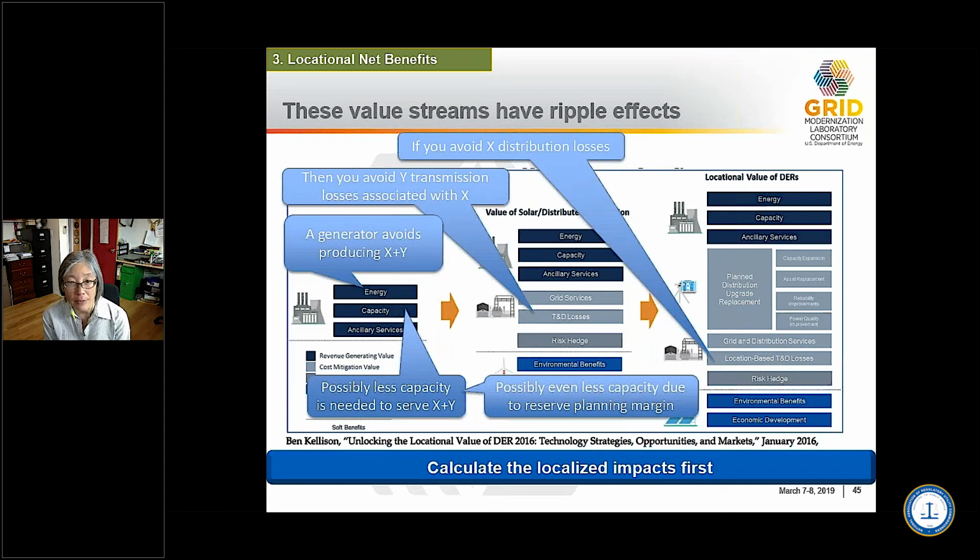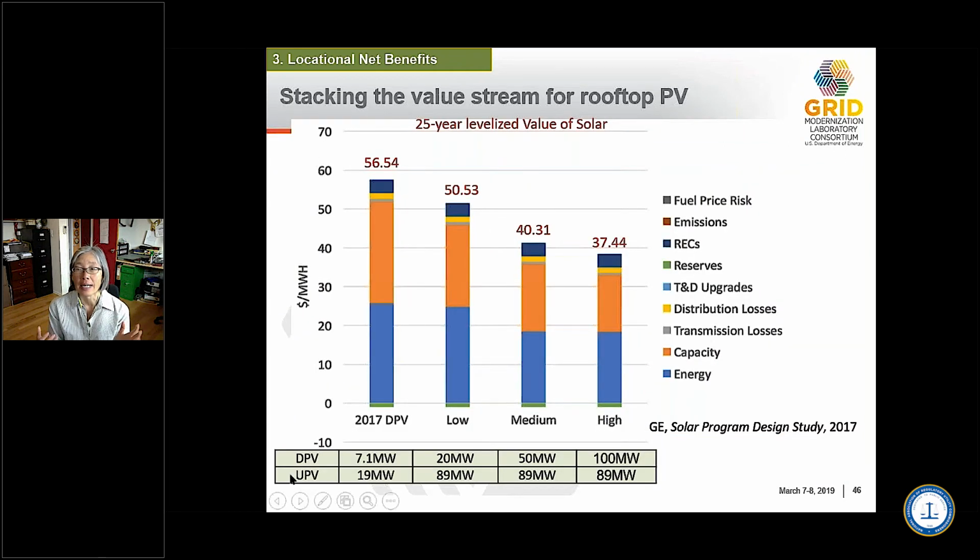So Carrie, if you go to the next slide, this is an example of what that value stream might look like. This is rooftop solar in Colorado Springs for different levels of distributed and utility scale PV.